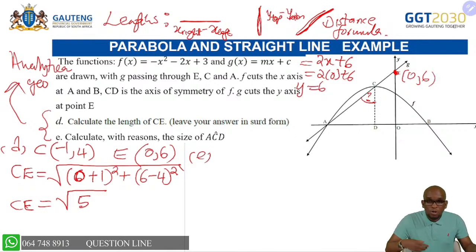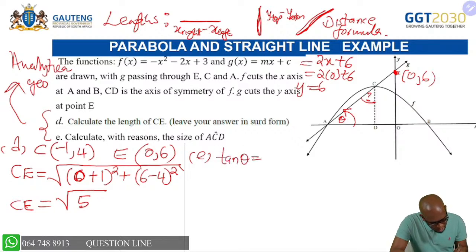Now we know from analytical geometry that we can work out the inclination of a line segment, which is the angle that the line segment forms with the x-axis when you move in an anti-clockwise direction. If this angle here is our inclination theta, then the tangent of theta would be equal to the gradient of this line.